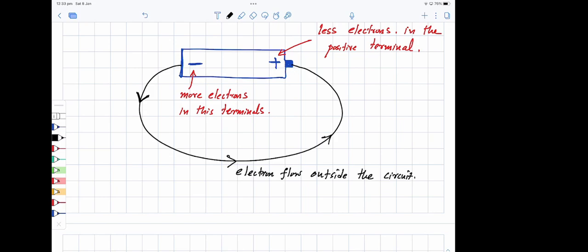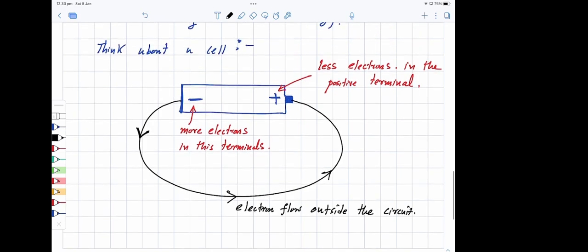Then physicists, they wanted to have a definition for rate of change of charge, right? Q divided by T. So they define the current, right? So actually people say, oh, current, right?